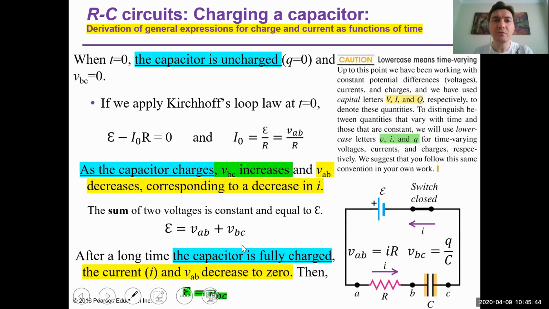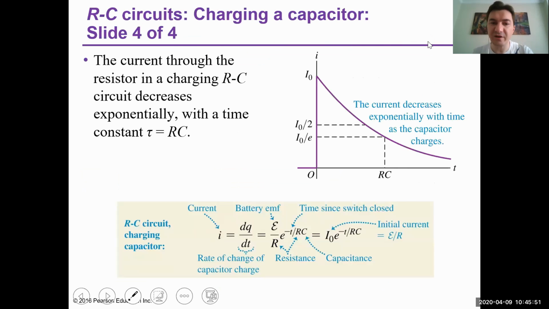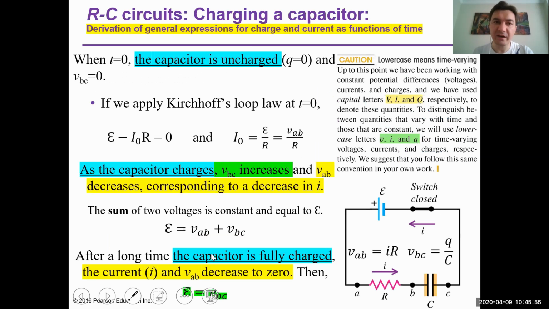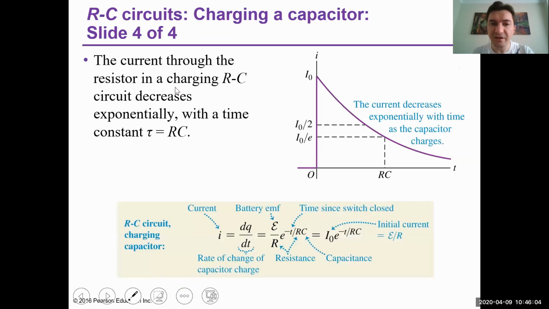Okay, now the derivation of general expressions for charge and current as functions of time. We will get this expression, we will also get this expression. Maybe first of all, I should tell you that here, instead of capital I I use small i. Instead of capital Q, I have used small q. Can you see that?